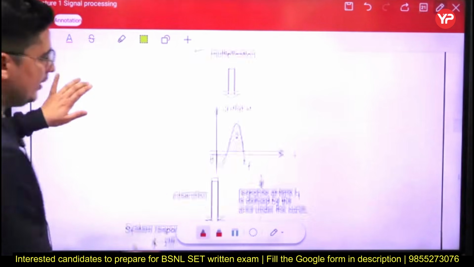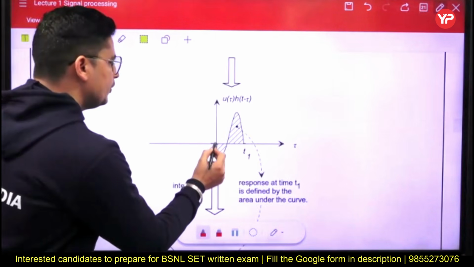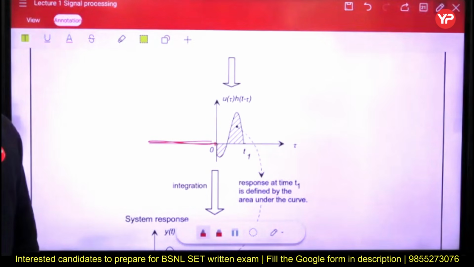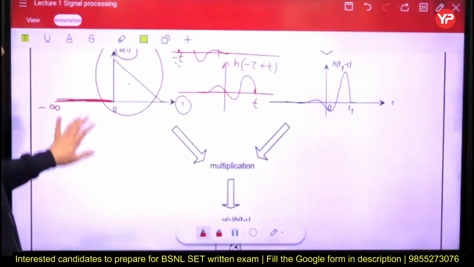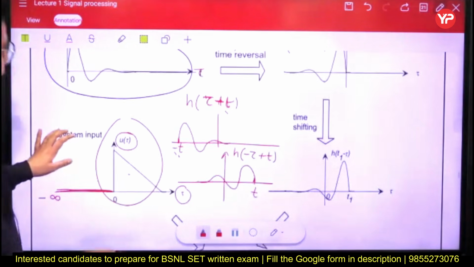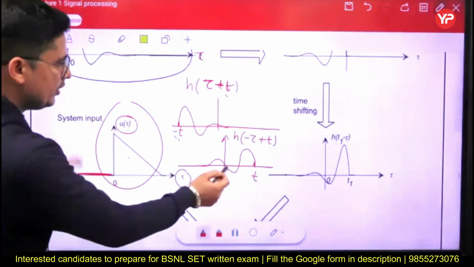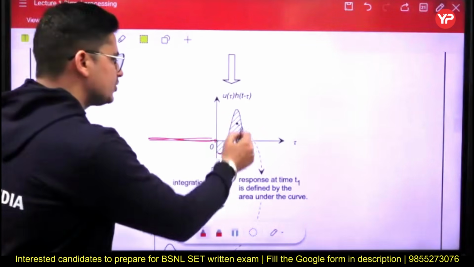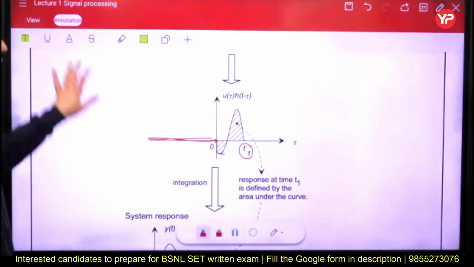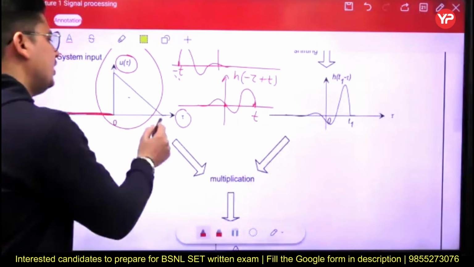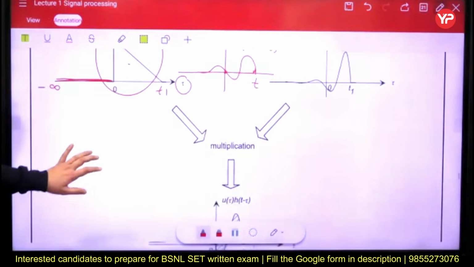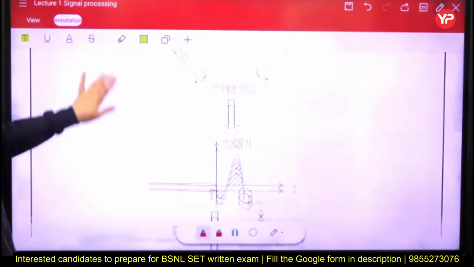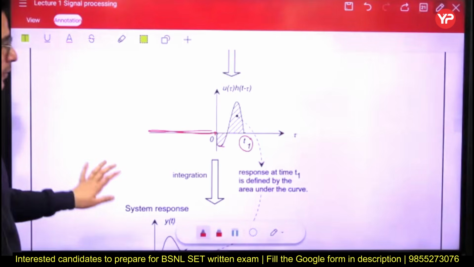So this complete part of the graph becomes 0. From here to here, the multiplication results in a value that looks like this, up to t1. This t1 will depend on t. After this t1, again the value becomes 0.